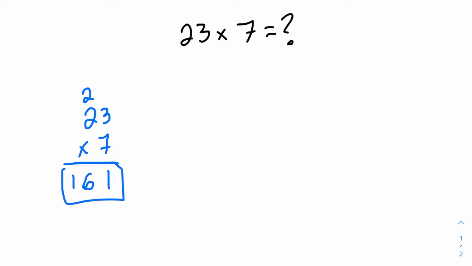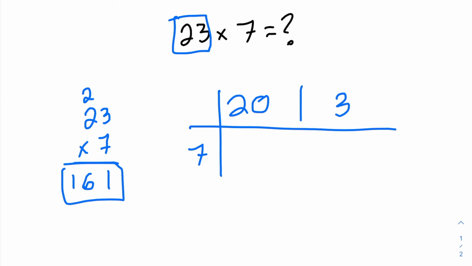So here for 23, which is a 2-digit number, this is going to get broken up into a 20 and a 3. So here we're looking at the tens, and then we're looking at the ones. And each one individually is being multiplied by 7. So that's where we get this idea of a box method, because if you look at the results for each, you can put those in a box.